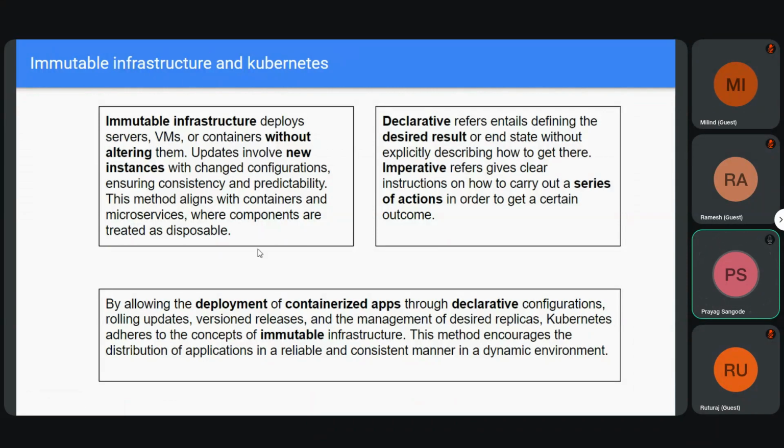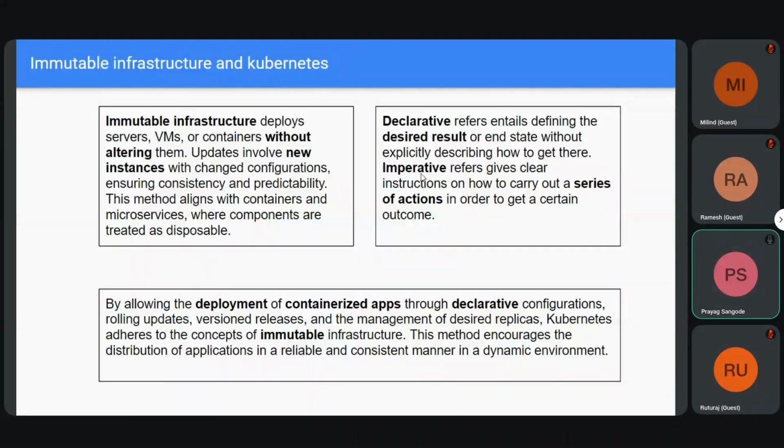And what is the difference between imperative and declarative? Imperative is a programming concept in which we give step-by-step instructions to achieve something. Declarative means we just say what we want to achieve, and it is achieved anyhow.